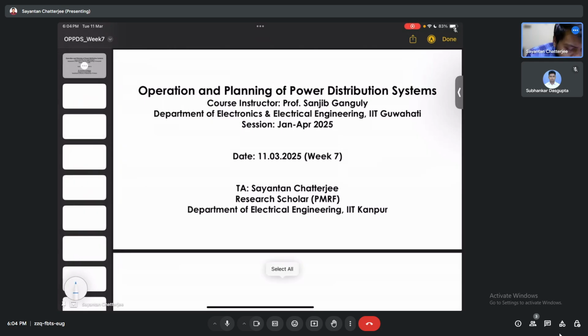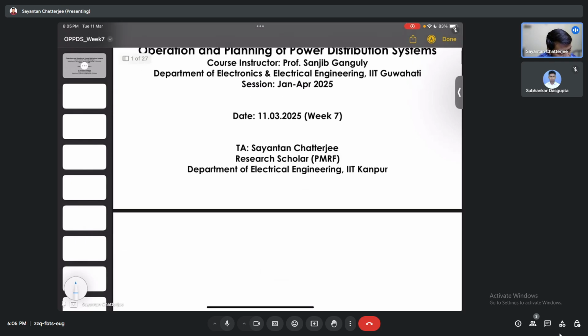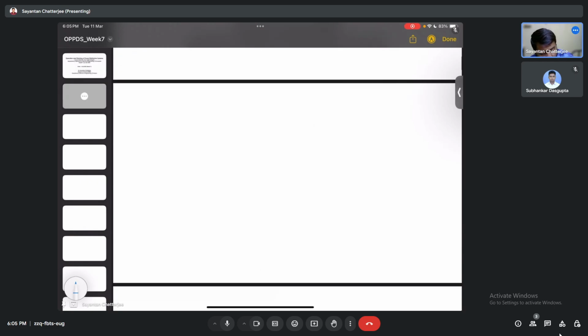This week mostly, what professor has discussed regarding the basics of power distribution system operation, and the major thing that lies as the backbone of this entire power system operational framework in planning studies, in economic or reliable operation of the distribution system, is to perform the load flow in the distribution systems. So load flow.